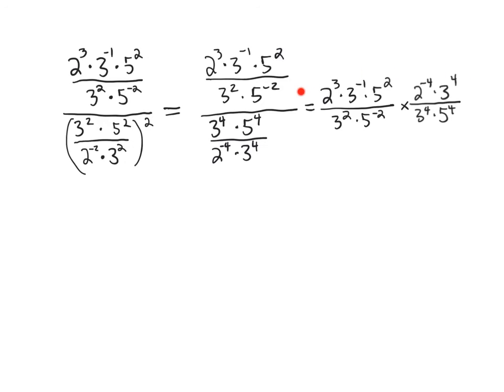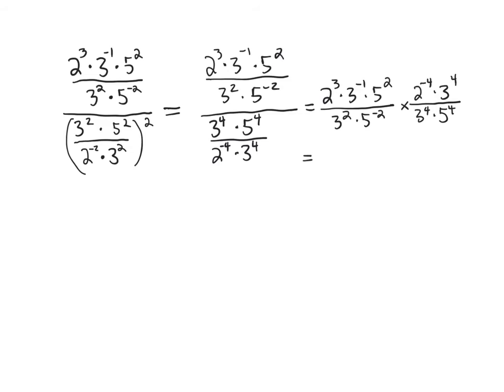We can multiply the tops together, multiply the bottoms, and then simplify, or we can simplify individually and then multiply the tops and bottoms. I think for this, we're going to multiply our tops, multiply our bottoms, then simplify. It saves one step of simplification. So let's go ahead and do that.